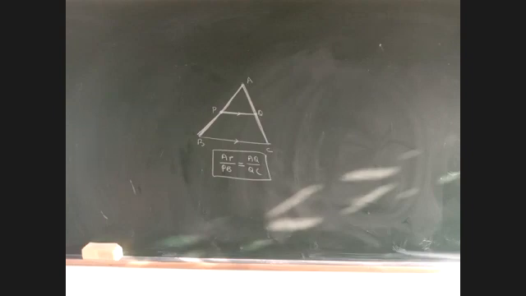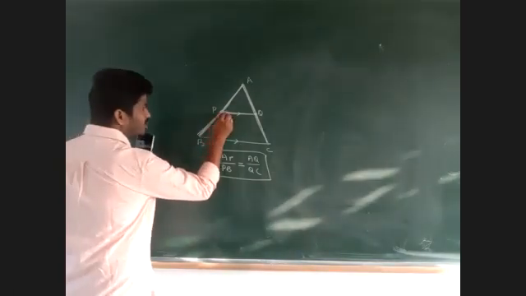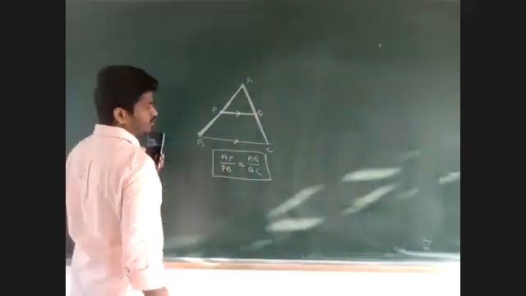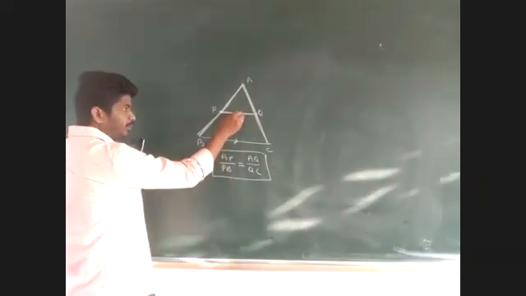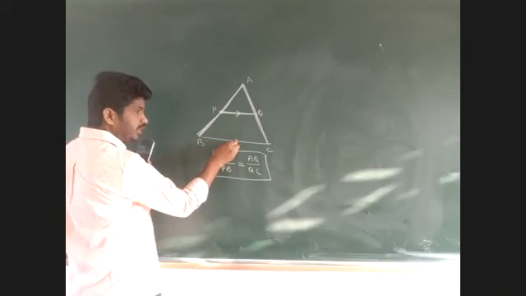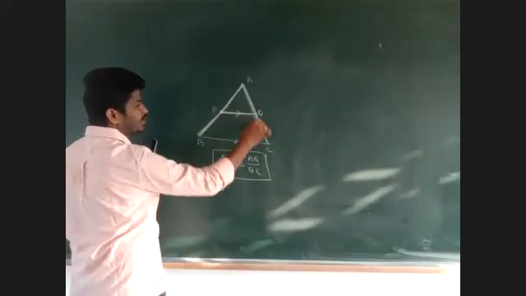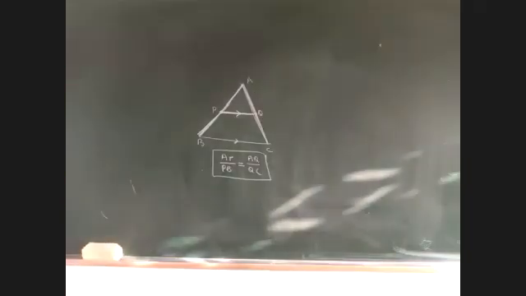Yes, sir. So if a line drawn parallel to any one side of a triangle, if line PQ is parallel to BC, then this PQ divides the other 2 sides in the same ratio. This is the basic proportionality theorem statement. Is it clear? Yes, sir.